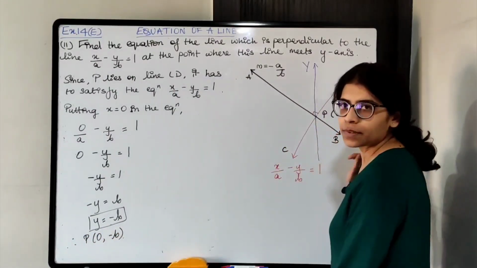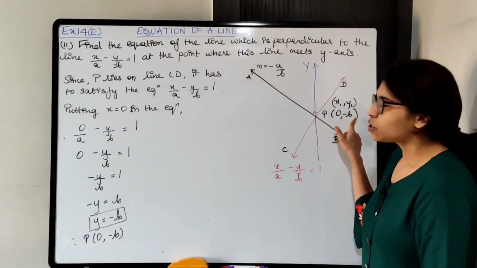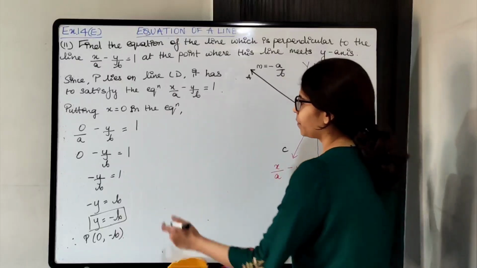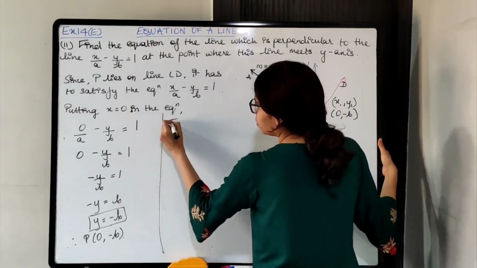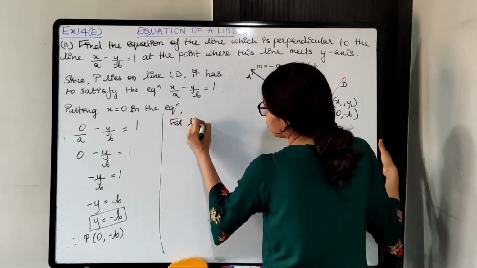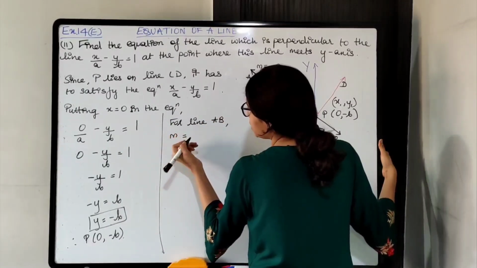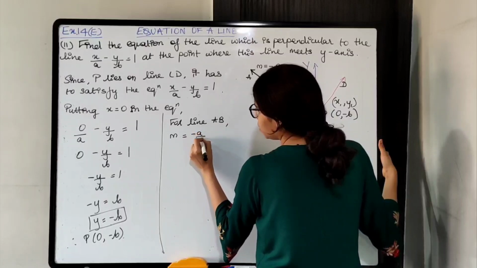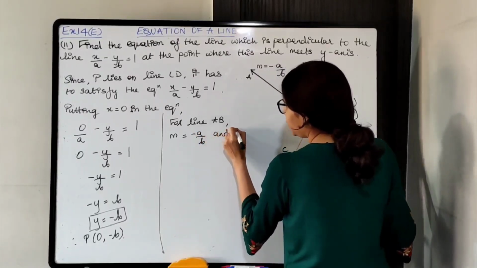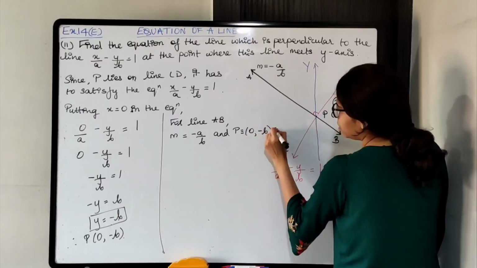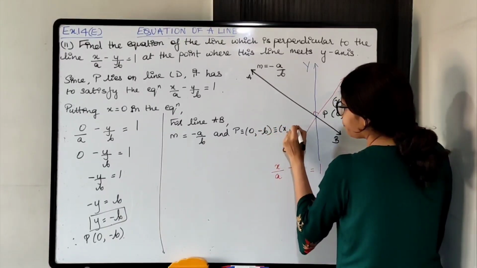Okay, so we have the coordinates of point P, we have the slope. Let us find the equation of line AB. So write down, for line AB, m is equal to minus a upon b, and P, which is 0 comma minus b, is x1, y1.